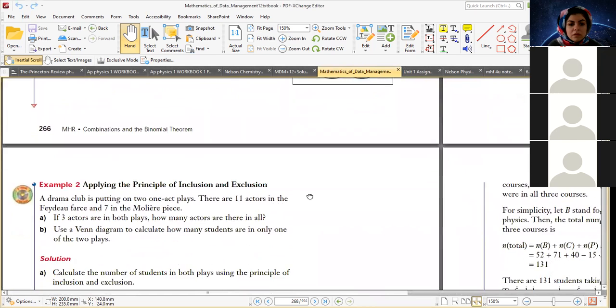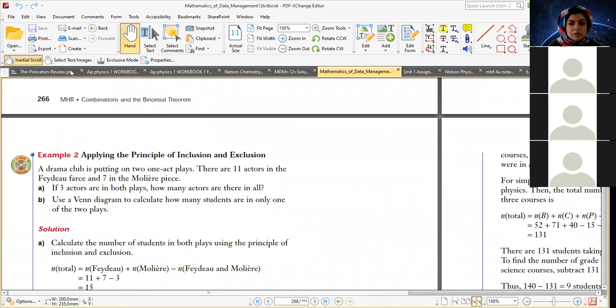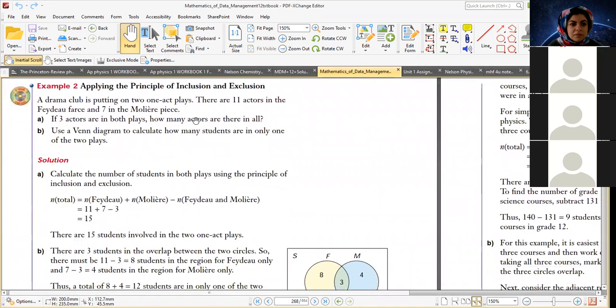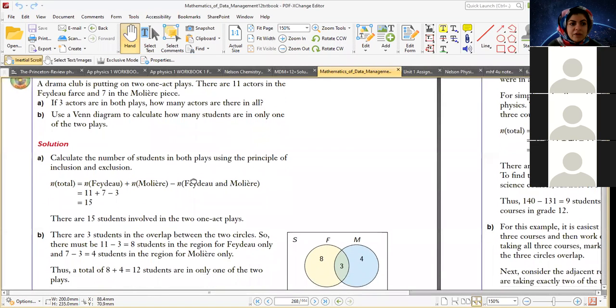So let's see, what is this? Here a drama club is putting on two one-act plays. There are 11 actors in the first play, Fado, and 7 in the other one.